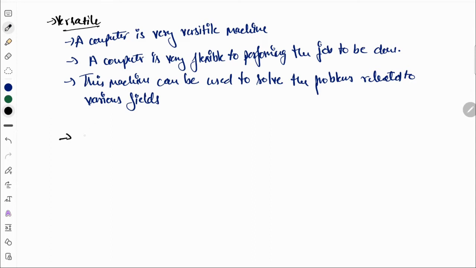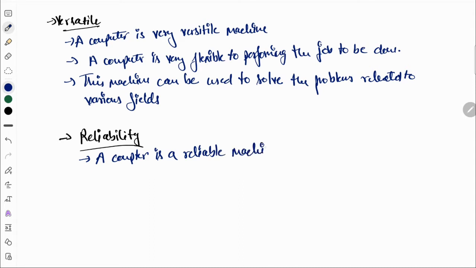Next advantage is reliability. A computer is a reliable machine. Modern electronic components have long lives.